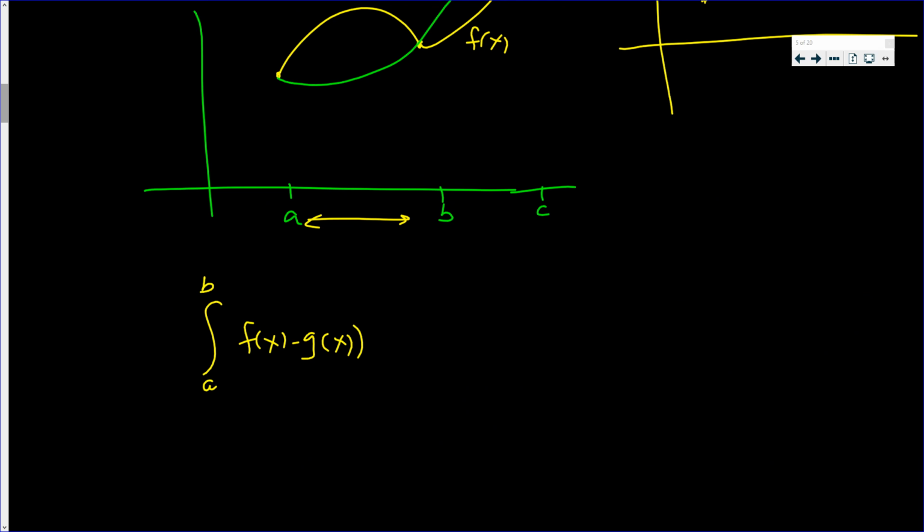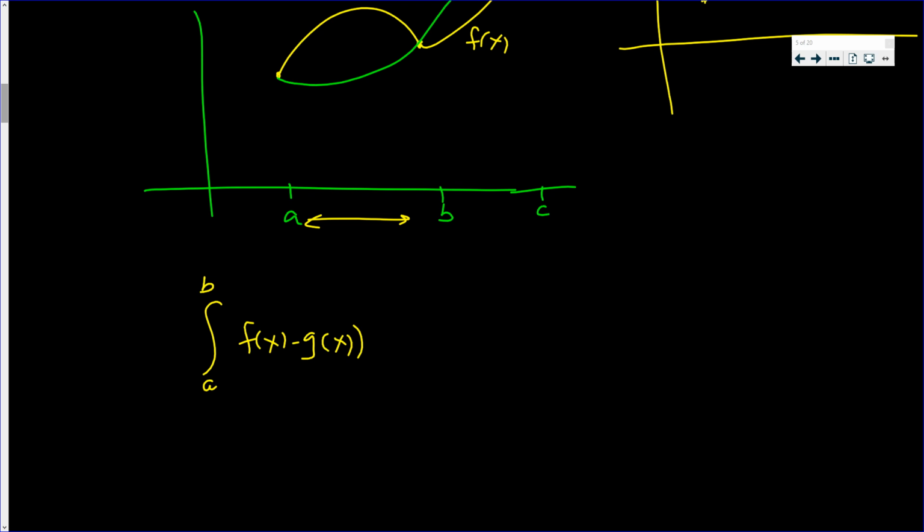In fact, you would have been right here and here. But over here, the g function's on top. So for those two cases, let's make sure we take the absolute value. So we now even have those two taken care of.